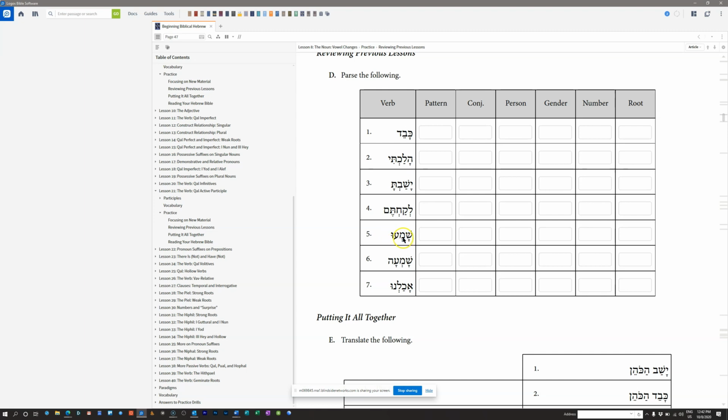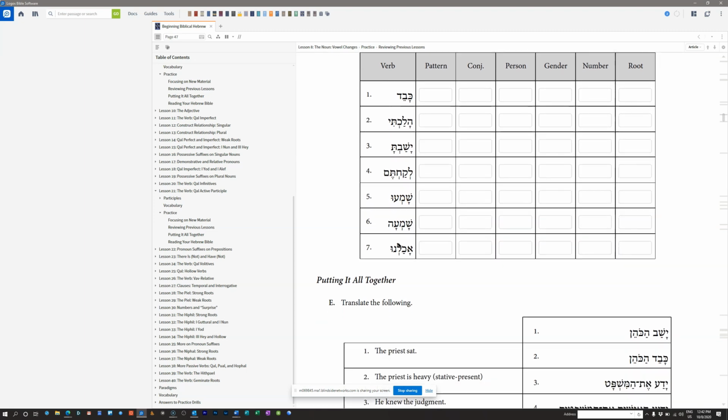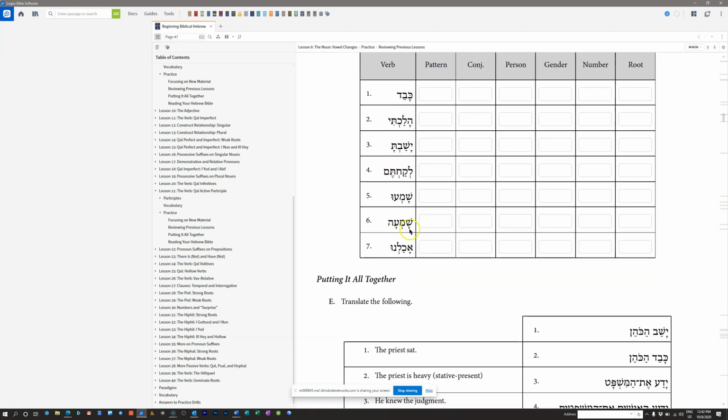And we get a reduction in the R2 vowel to make room for the added syllable in the suffix. Number 6, sham'a. Same type of reduction here because we're adding a syllable, so the R2 vowel will reduce to accommodate that. This is going to be the 3FS form.